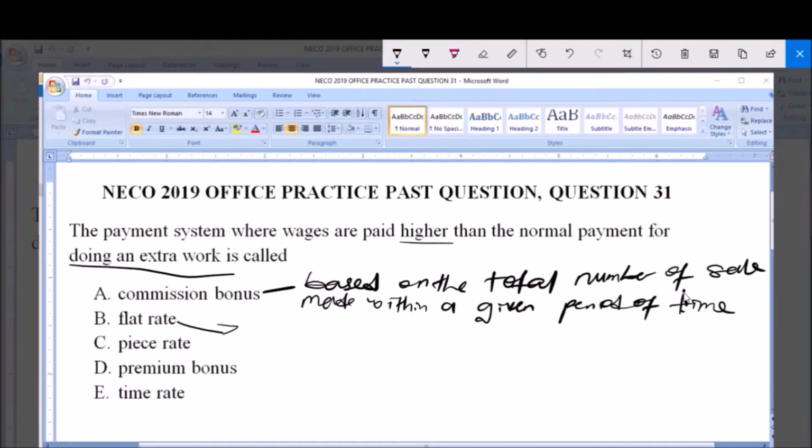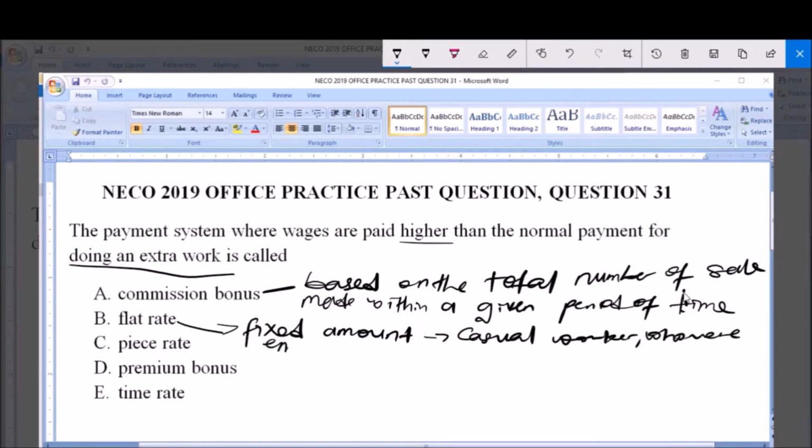Flat rate. Now in terms of flat rate, there's a fixed amount of wages paid to categories of casual workers who were employed at the same time, with the same skill and equal estimated output per period.